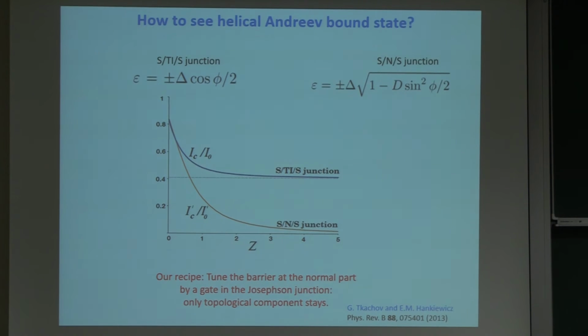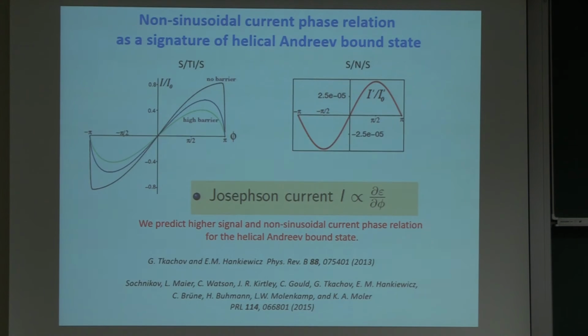So indeed one could distinguish between these two things by putting a barrier, or one could also distinguish between the topological Andreev bound states and the usual ballistic bound states by looking at the non-sinusoidal current phase relation. This is the supercurrent as a function of the phase, and we put different strengths of the barriers and look at how it changes.